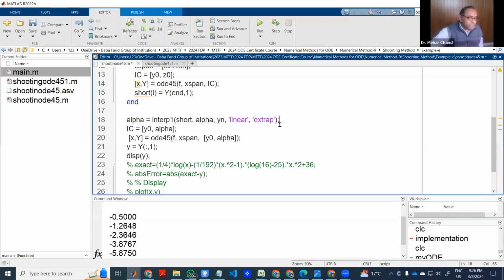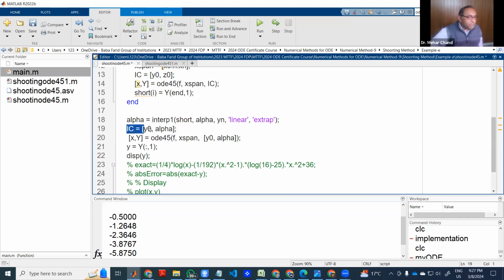using linear extrapolation. But here for the initial condition y naught, we have now alpha, because alpha will be updated at this place, and the above iteration will be used until we have the exact solution, or until this value is shot.